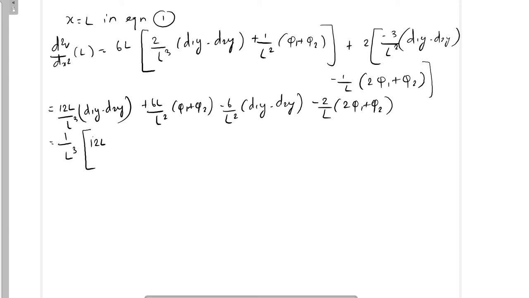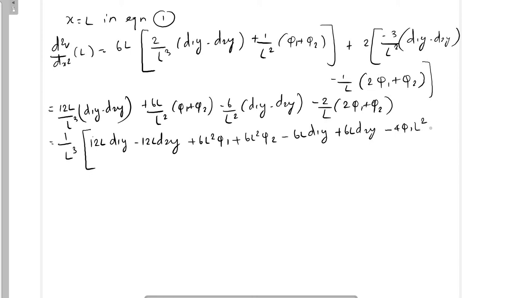So 12L d1y minus 12L d2y plus 6L square pi 1, because the denominator has only L square, we have to make L cube, so multiply with the L, plus 6L square pi 2 minus 6L d1y plus 6L d2y, because outside one minus is there, so once you multiply with the inside minus, it is plus 6L d2y minus 4 pi 1, the denominator is L, so we have to multiply with the L square, minus 2L square pi 2.